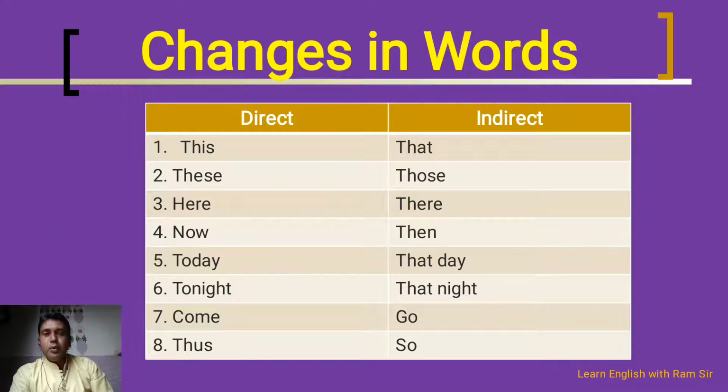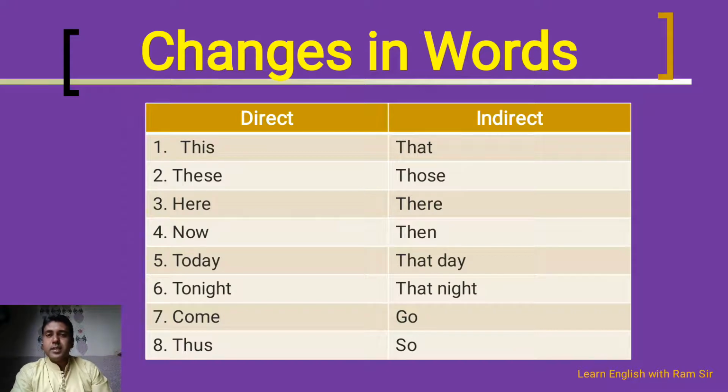If you have this particular base, this is my guarantee to you that you will definitely solve the examples in a good way. So here we have some words. जब भी कभी आपको ये वर्ड्स दिखेंगे सेंटेंस में, तो आपको सबसे पहले क्या करना है, इन वर्ड्स को अच्छी तरह से देख लेना है और उनको as per this table you have to change.